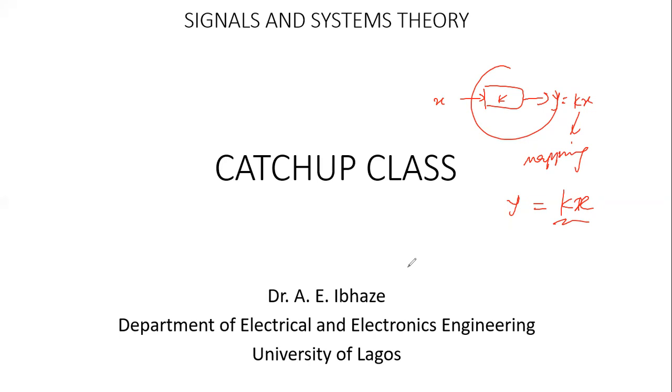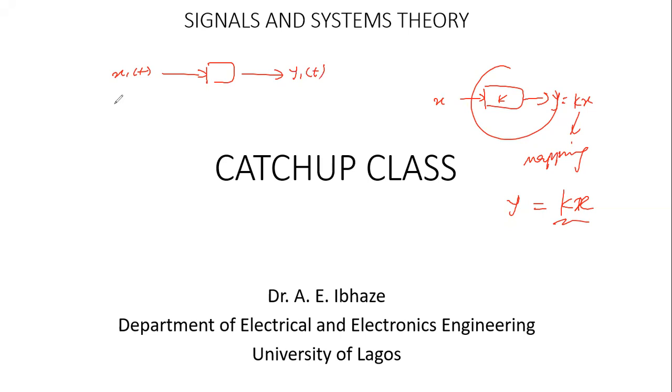Then we didn't stop there. We made mention of linear and nonlinear systems, and we said that linear systems are systems that obey the principle of superposition. In other words, they obey the law of additivity. So let's assume we have a system such that x1 of t is fed into the system, and then we have y1 of t.